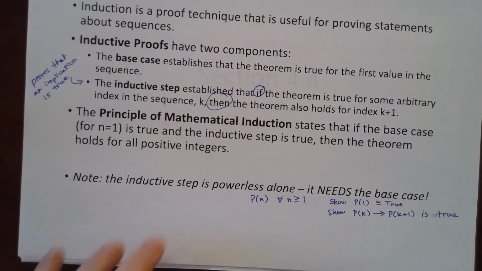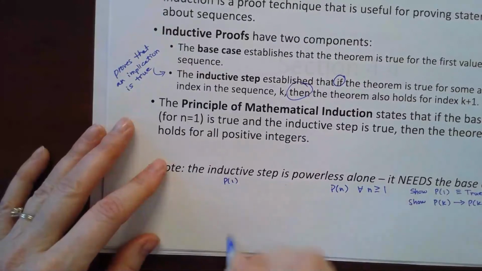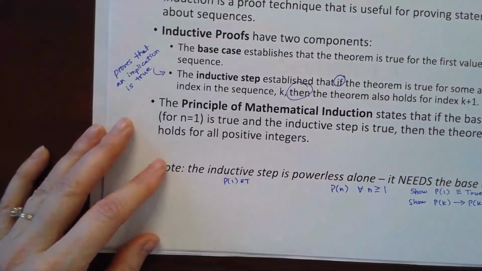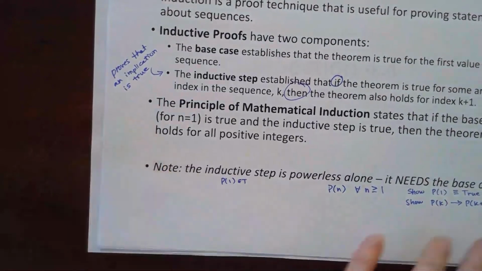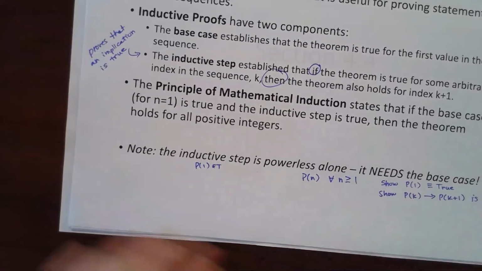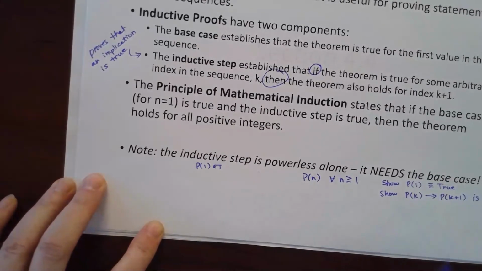But when you take these two things and put them together, that's when we get magic. Okay, so imagine that I've told you that P of 1 is true. And I know that this implication is true for some k. Well, if it's true for some k, then it could be true for 1.